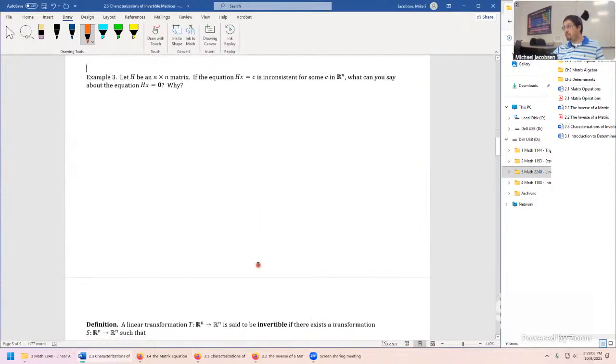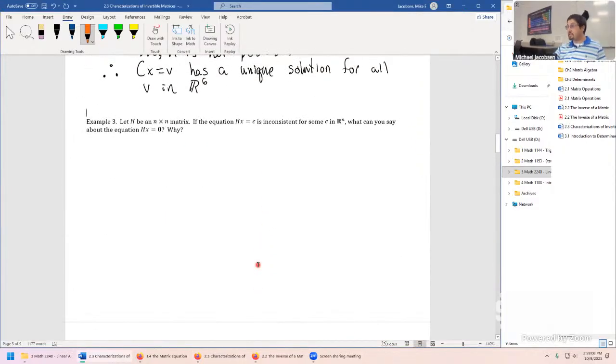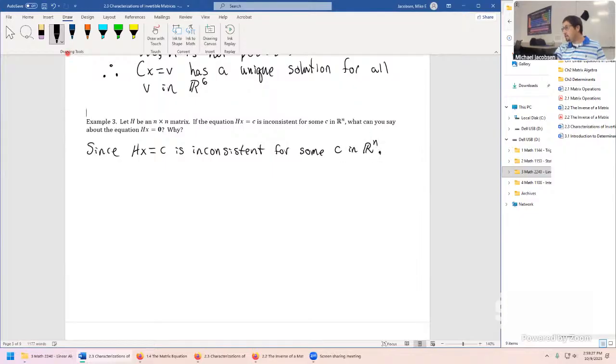Part G of the invertible matrix theorem is false, since Hx equals c is inconsistent for some c, not all, but there's some we can find in Rn.